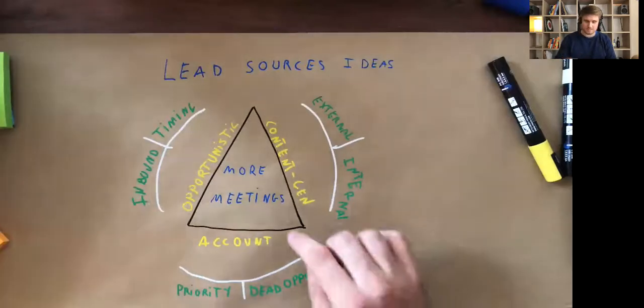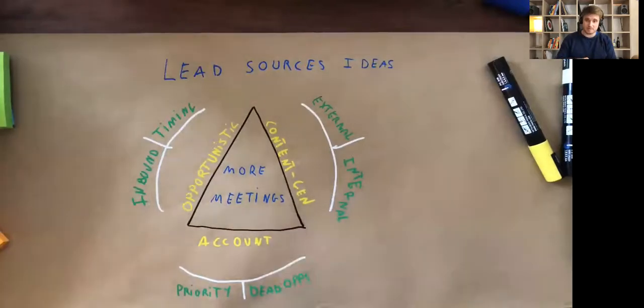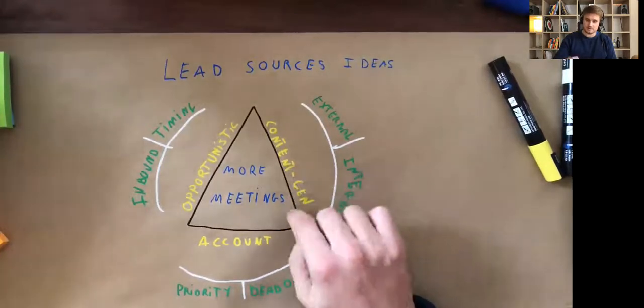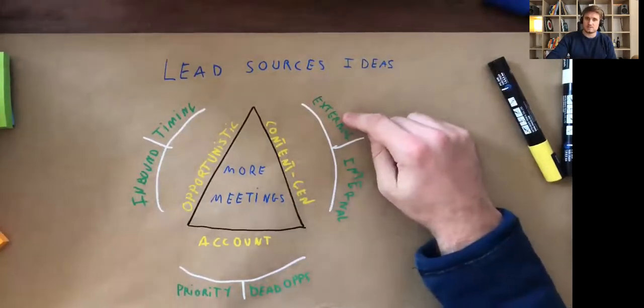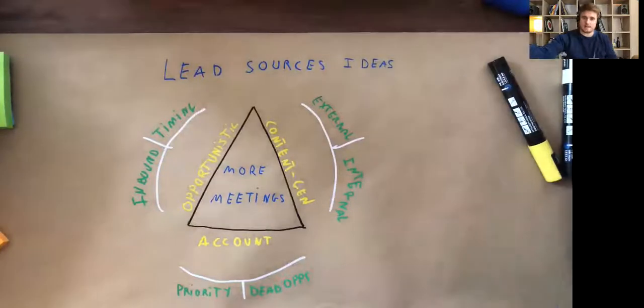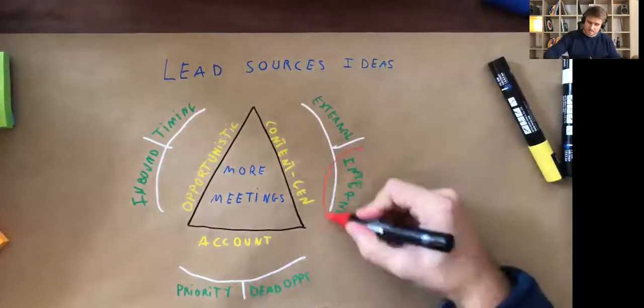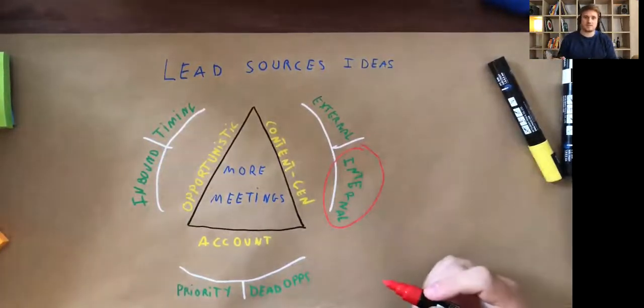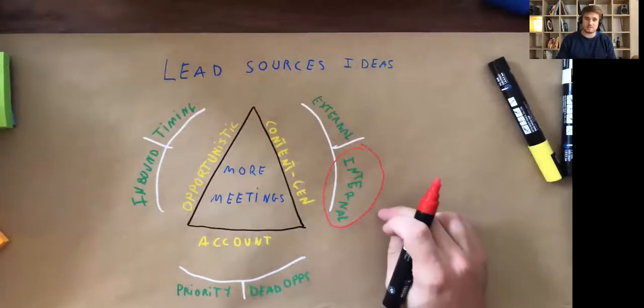So look at them. More meetings come through accounts with a priority list, and dead opportunities, very simple. Then through content: external content, thought leaders, competitors who are talking about things your ICP are trying to solve, and your own or your company's content if you're posting regularly. This is why this part is super critical. Building a content strategy is going to generate a ton of leads for you.